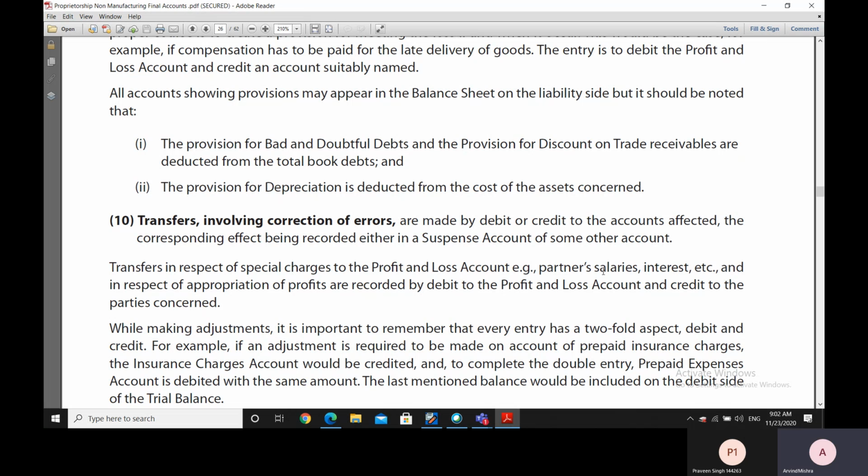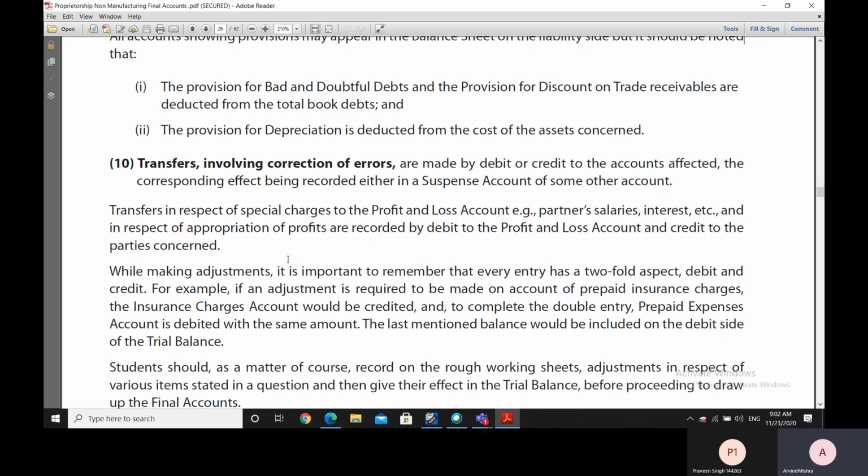Like if you are giving a partner's salary, then we'll debit the partner's salary account and credit the partner, if you are transferring the amount by book entry. And if we are doing it by cash, then we credit the cash account or the bank account.